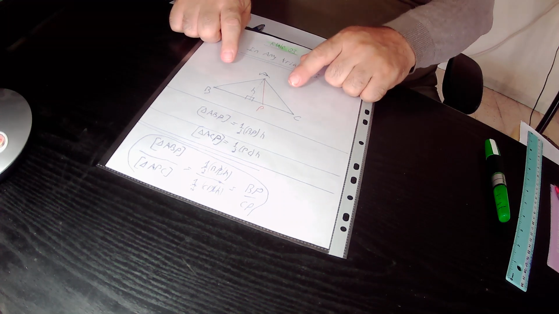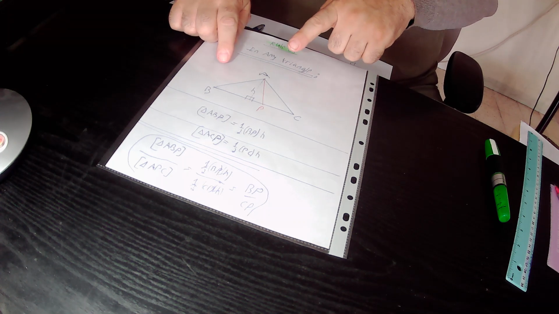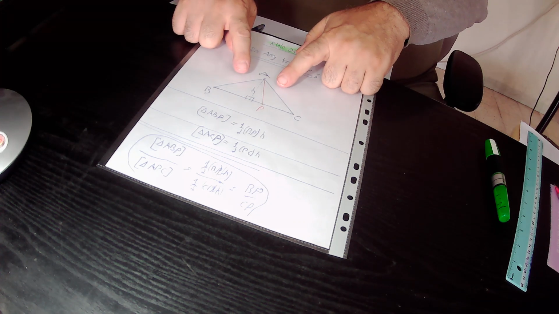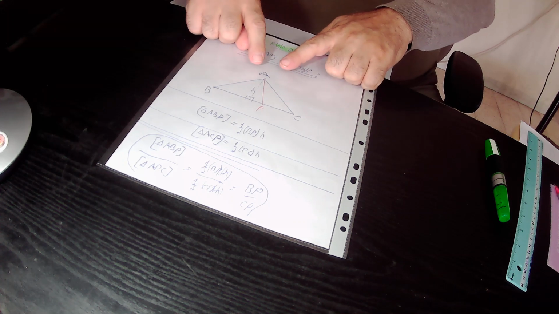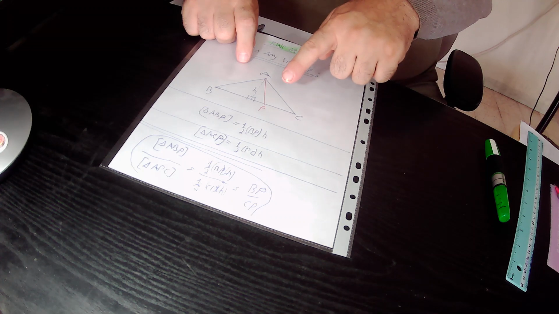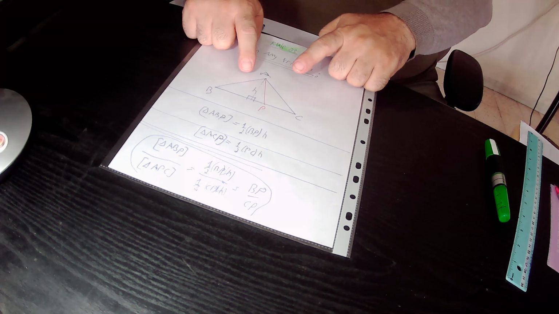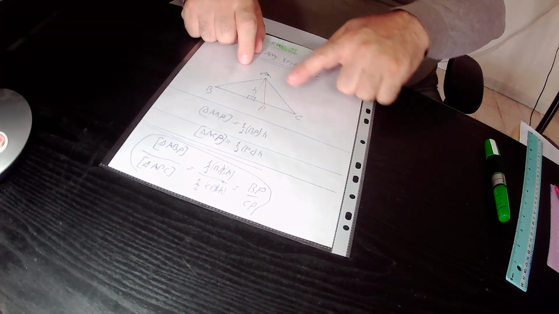In this triangle ABC, if we draw the red line segment AP, we get two smaller triangles. The red line segment AP divides the big triangle ABC into two small triangles. The first triangle is triangle APB, and the second triangle is triangle APC.